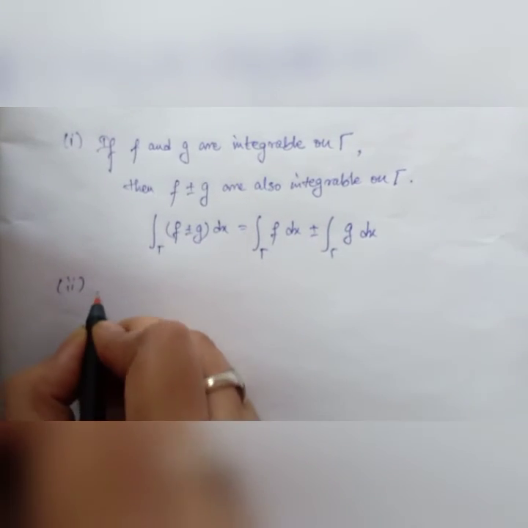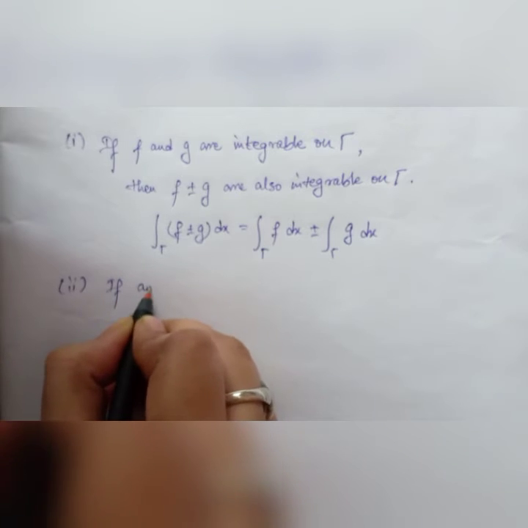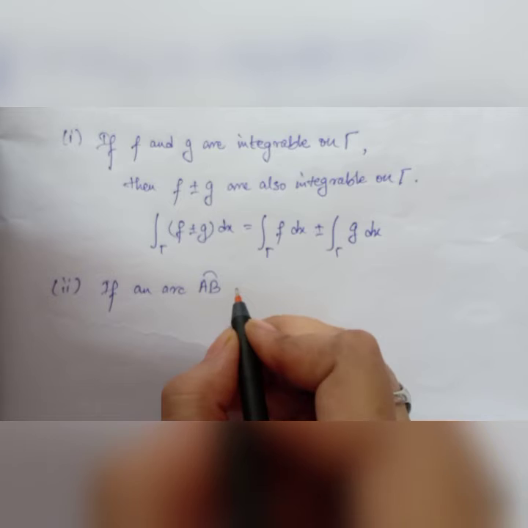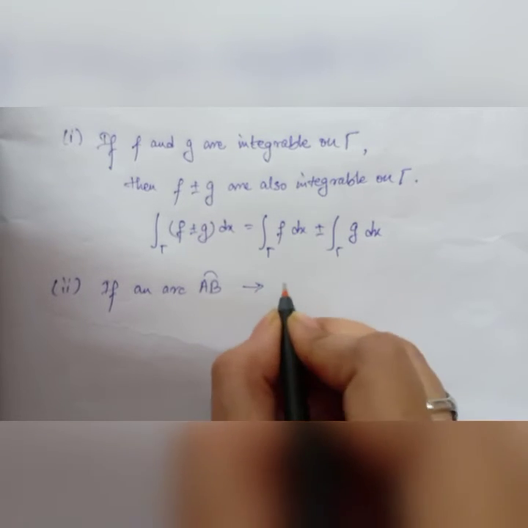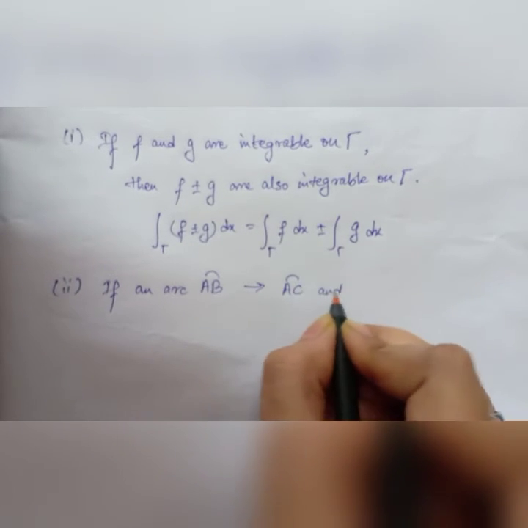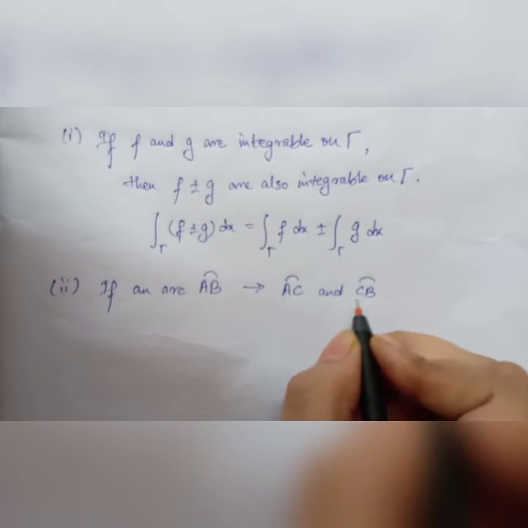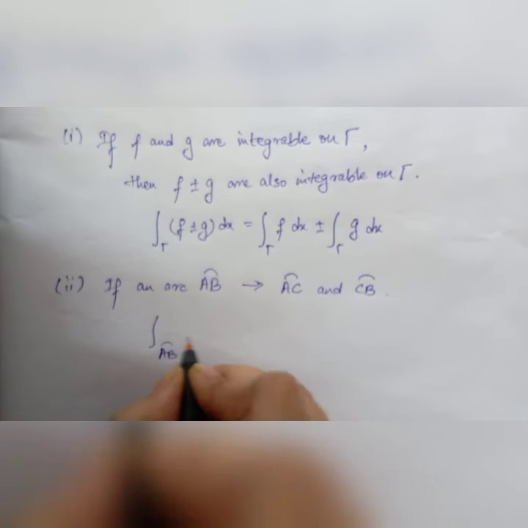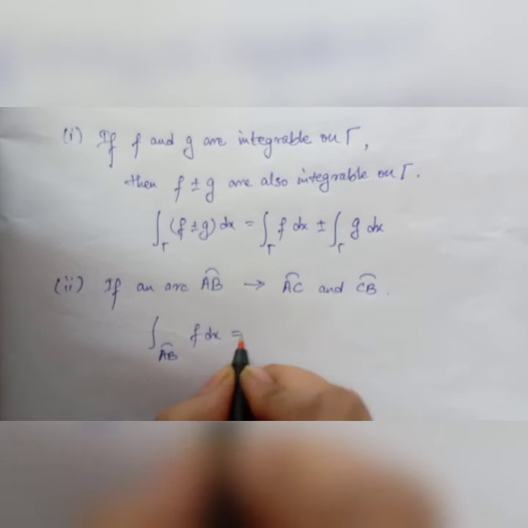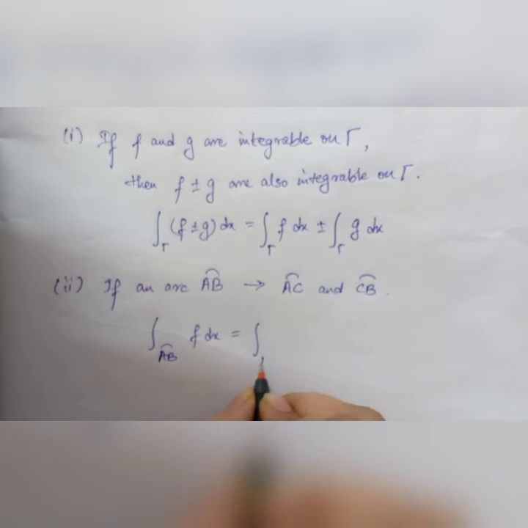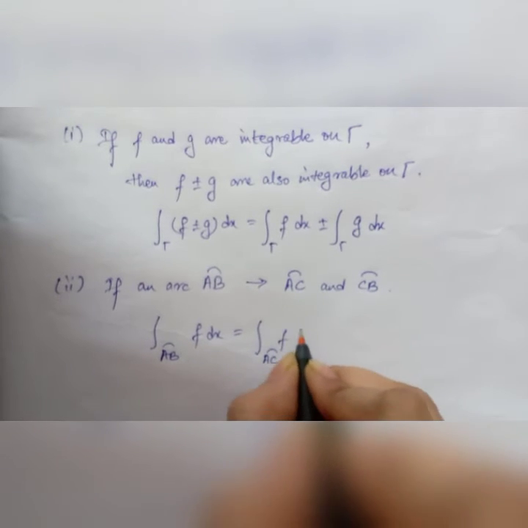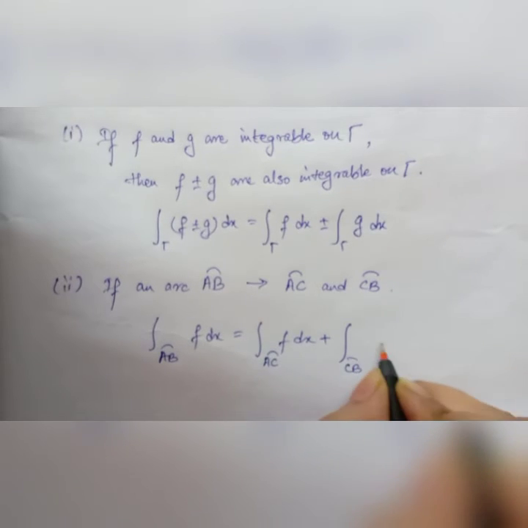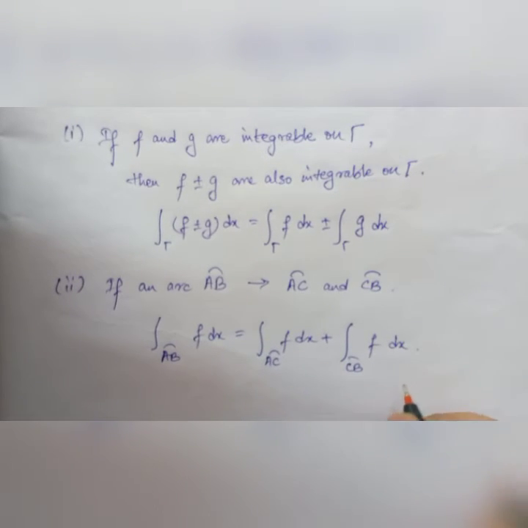Number 2 is that if an arc AB is composed of two arcs, that is AC and CB, then we may write that integration over arc AB f dx equals integration over arc AC f dx plus integration over arc CB f dx.